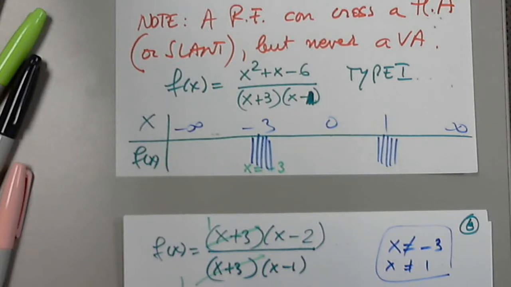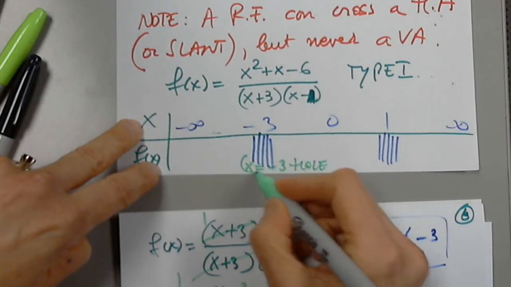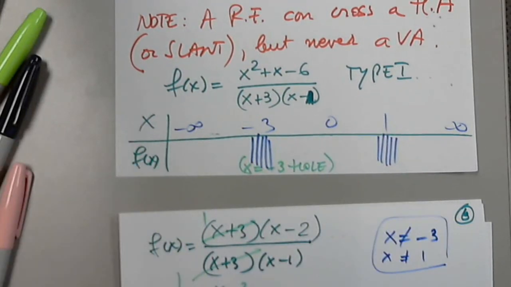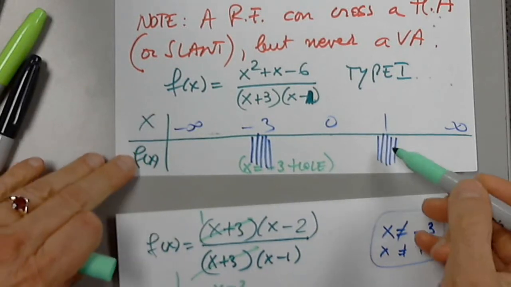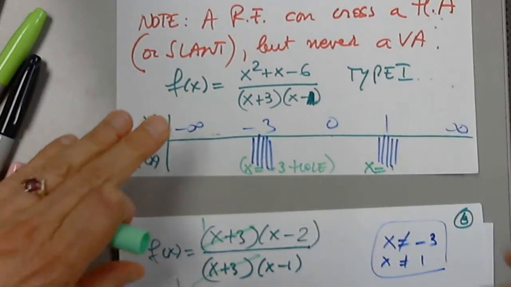It's not going to be a vertical asymptote, but a hole in the graph. The function is still undefined because I'm not graphing the simplified one. No, I'm graphing the original function that is still undefined at -3, even if it does not have a vertical asymptote there, and it will not. However, since x equals 1 stays in the denominator, what will I say about x equals 1?